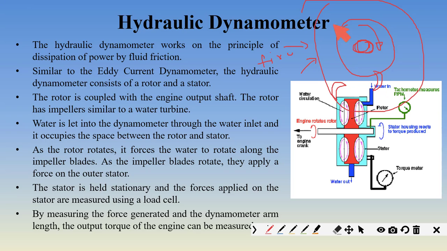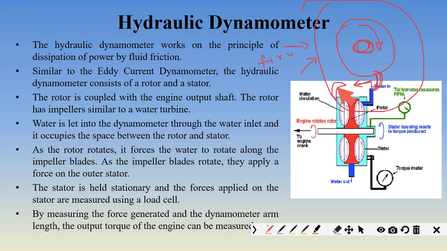As the rotor rotates, there is water flowing between the rotor and stator. So as the water is flowing between the rotor and stator, this impeller of the rotor, what is it doing? It is pushing the water outwards. This water which is pushed outwards hits this impeller.